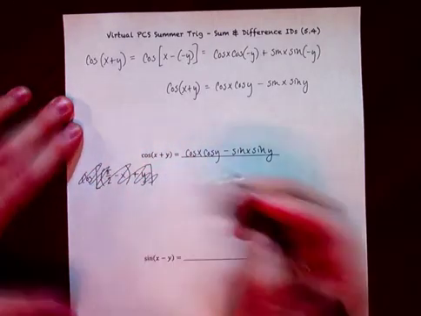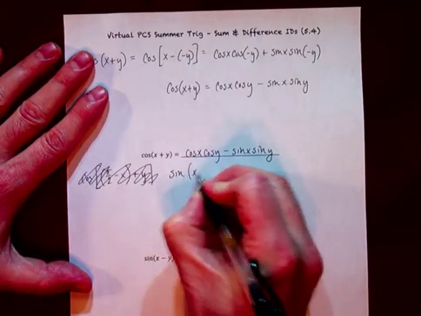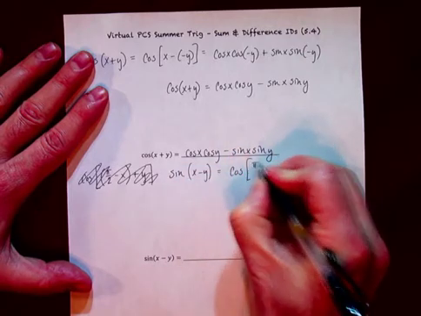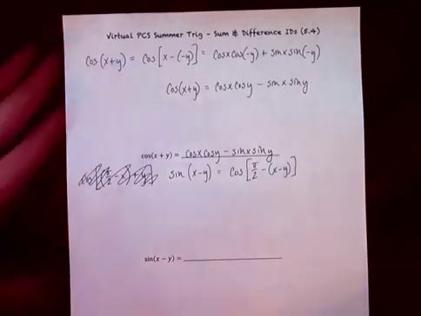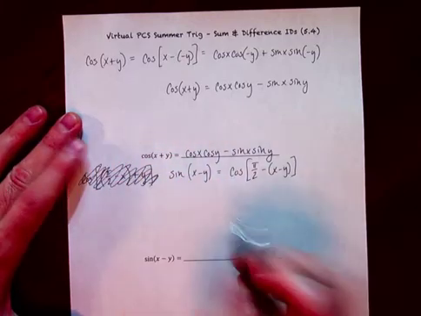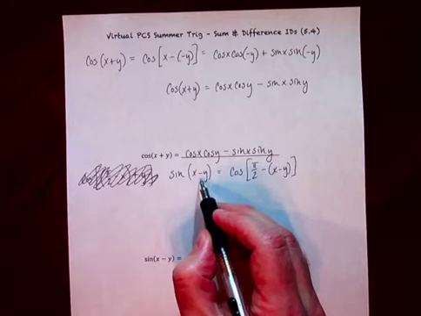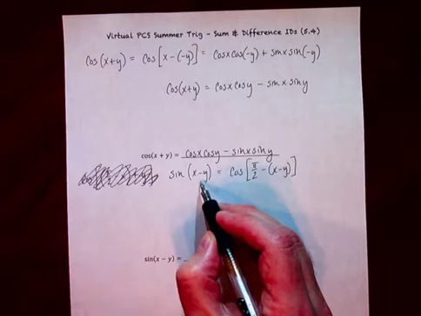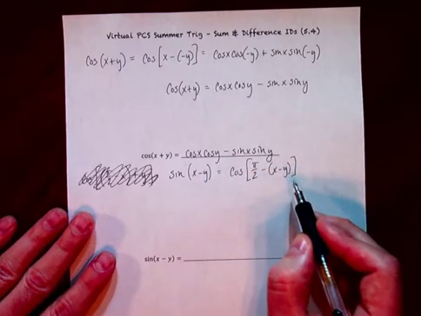If I have sine of x minus y, that is the same thing as cosine of pi over 2 minus x minus y, right? Because they're cofunctions. What I need to do is take whatever angle expression this is, it doesn't really matter, it can be 18 terms long, and simply subtract it from pi over 2 in order to transform it into cosine.